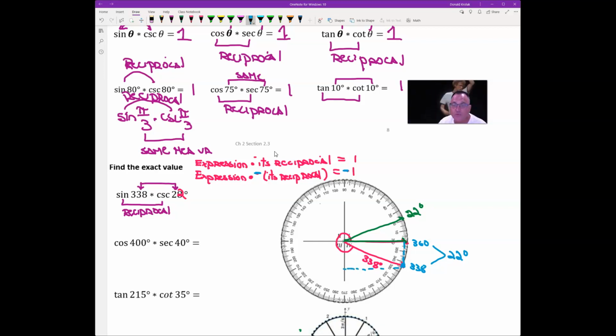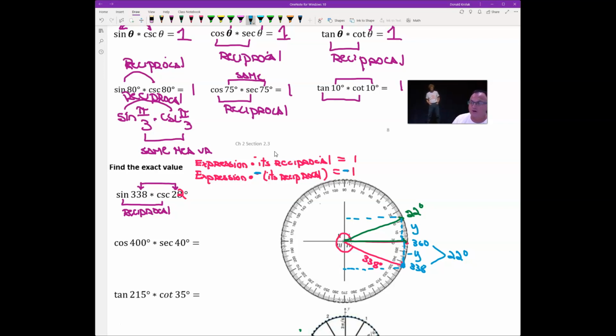And the y coordinate for 22 degrees, you can see that this length and that length are the same because both of these are 22-degree openings. So if I describe the y coordinate of this as y, then this coordinate would be -y.